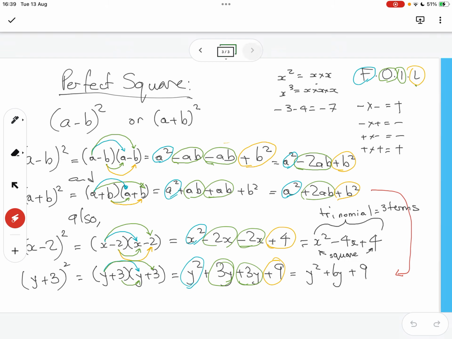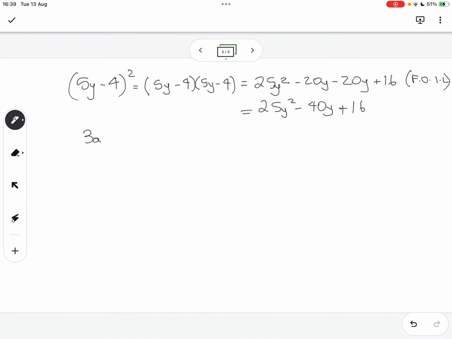Bracket 3a plus 4b bracket squared equals 9a squared plus 24ab plus 16b squared, but bracket 3a minus 4b bracket squared equals 9a squared minus 24ab plus 16b squared.